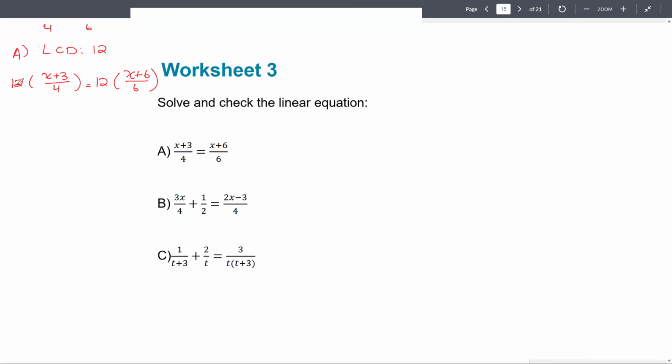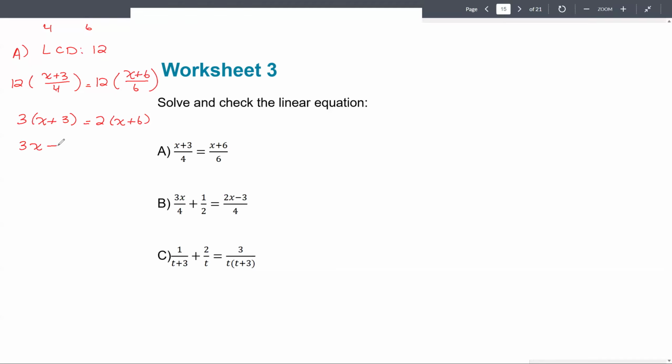So multiply both sides by that 12. So we're going to do this a little differently, but I have 12, and then I know I'm going to divide by this 4 here. So I know that's going to leave me with 3. I have this 12 divided by 6, so that's going to leave me with 2. So we should have 3 times x plus 3 equals 2 times x plus 6. So I would distribute that.